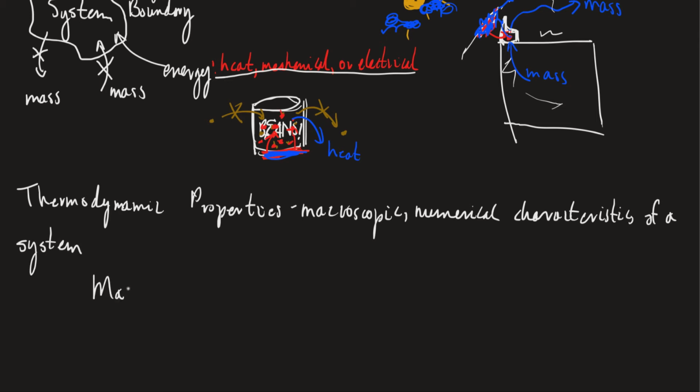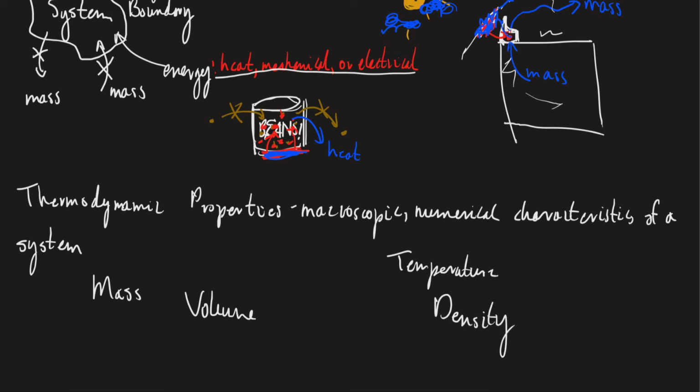So, for example, mass is one thermodynamic property. Volume is another thermodynamic property. Temperature is another thermodynamic property, and so is density.